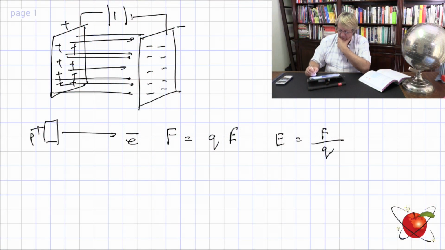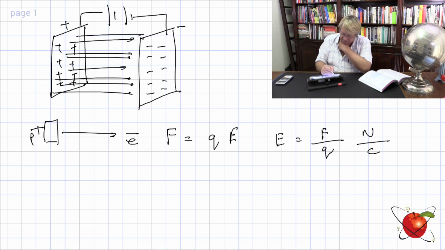Some books use little q, some books use a big Q. I'm just going to make it interchangeable because let's just get the concept of what's happening here, because that's the important part. The numbers and the calcs come with the practice. It's actually what are we looking at and how do we apply it? What does it mean to us? Well, what do we measure force in? Newtons, and charge, coulombs.